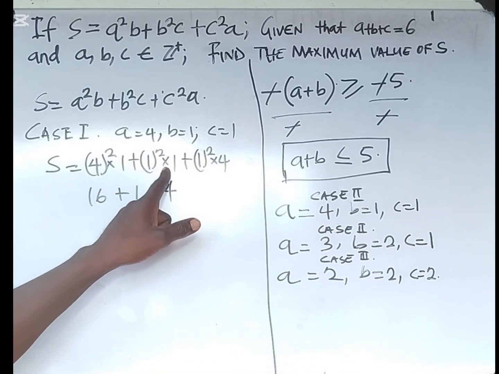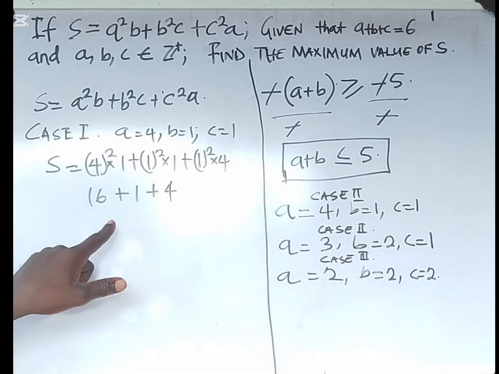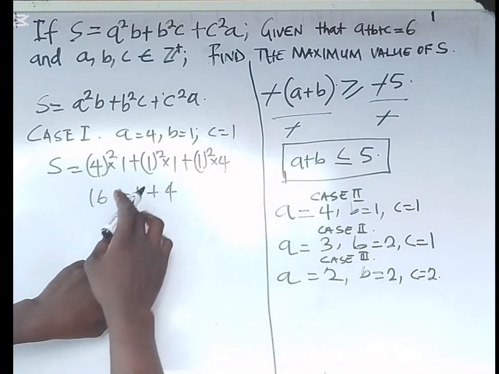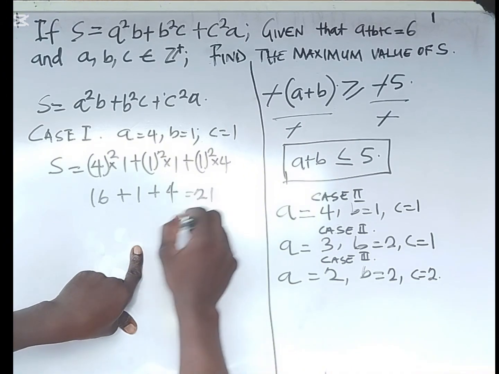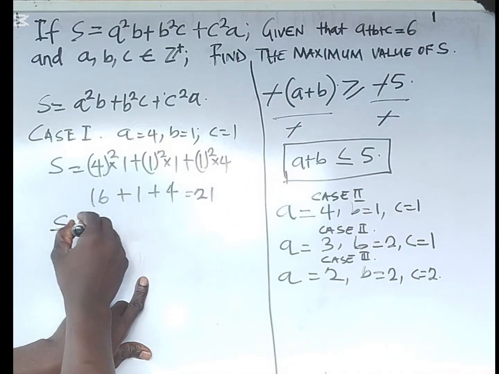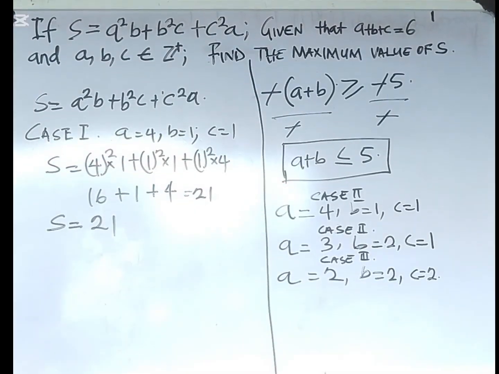Then 1 squared is 1, times 1 is 1. And 1 squared times 4 is 4. So we have 16 plus 1 is 17, and 17 plus 4 is 21. So in case 1, x is equal to 21. This is the value of x in case 1.